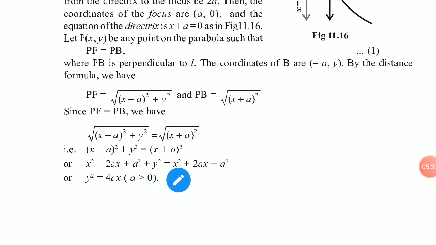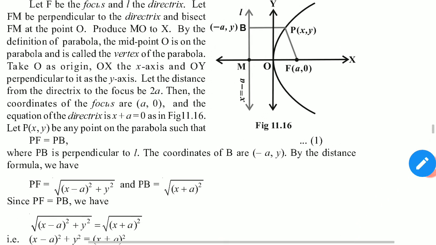If you solve this, a square cancels, x square cancels, minus 4ax goes to the other side, so y square becomes 4ax, where a is always greater than 0. So this is the equation of parabola: y square is equal to 4ax for this diagram.